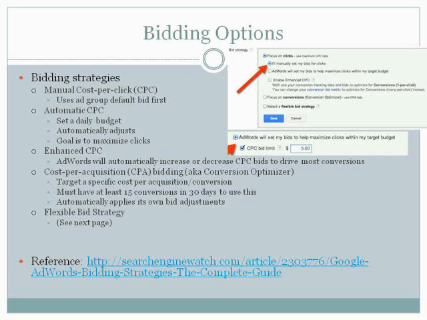And following that, then there's this other option called cost per acquisition, or this conversion optimizer, where you're targeting a very specific cost per acquisition. And in order to use this, you need to have conversions. That needs to be an effective ad.